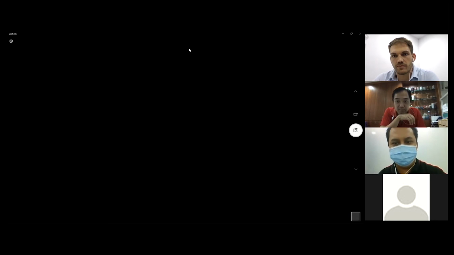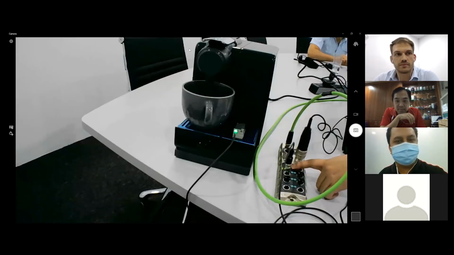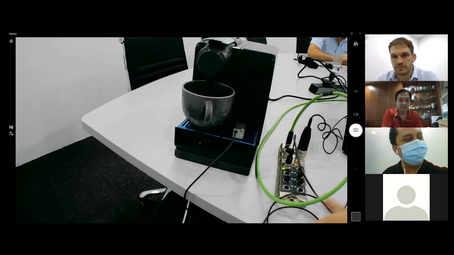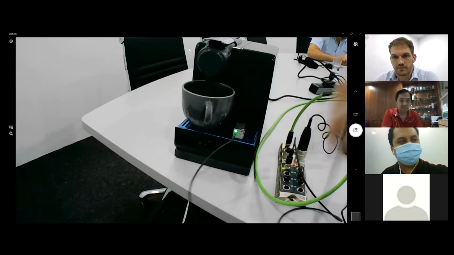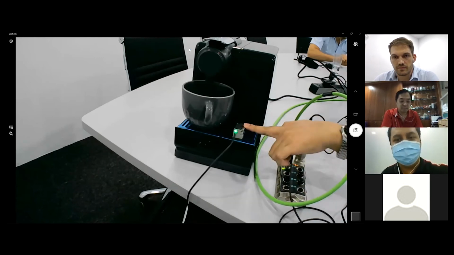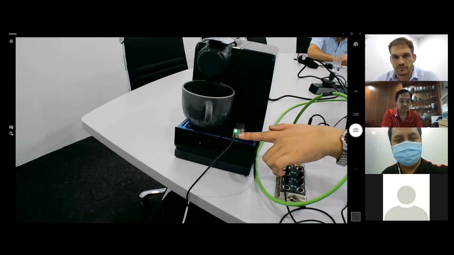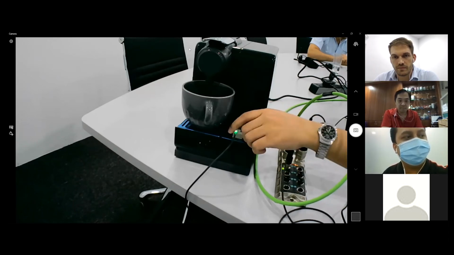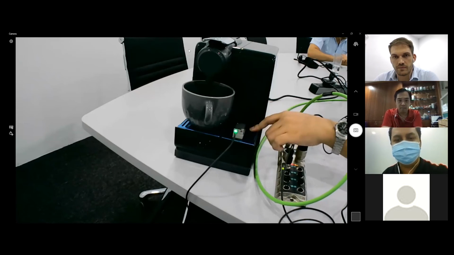And the first port here is configured as IO-Link. Okay, and then this is the vibration sensor that is connected on the first port. And as you can see now, it's connected to the metal base of this coffee machine.